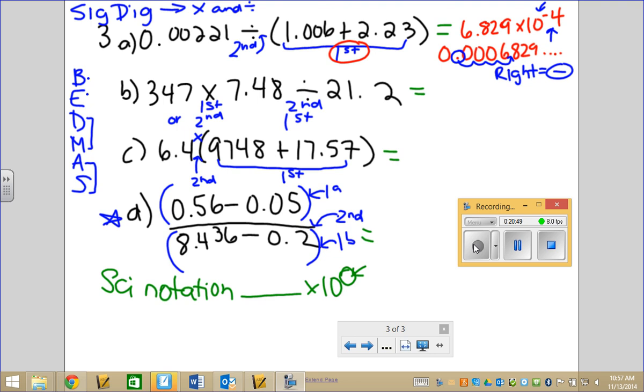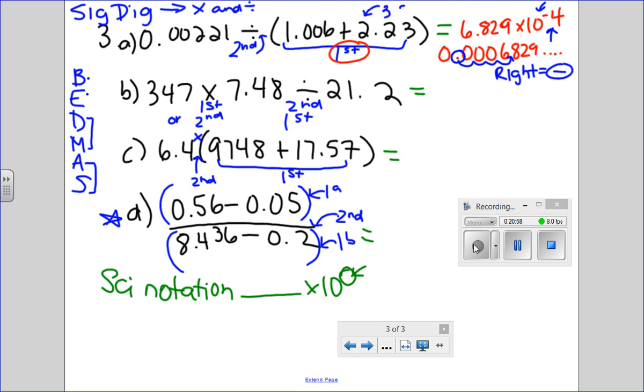Now, the other thing I have to do in this question is round off my answer to have the correct number of significant digits. Since this value had 3 significant digits, this one had 4, and this one had 3, I'm going to choose the smallest number of significant digits. That means my answer should only have 3 significant digits. So I will round my answer off.